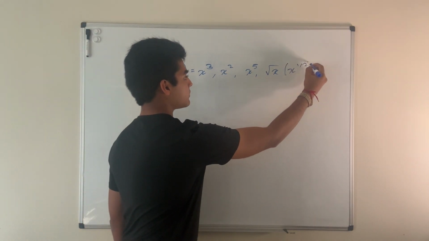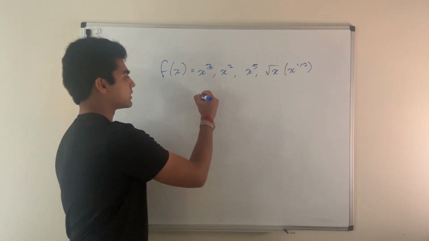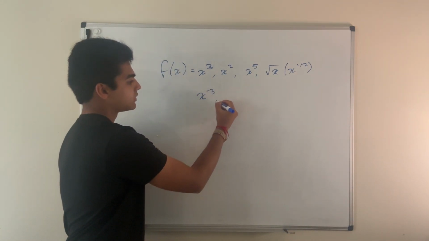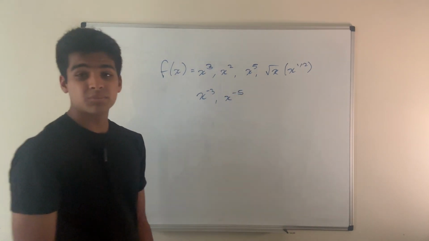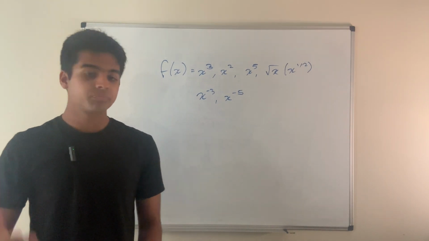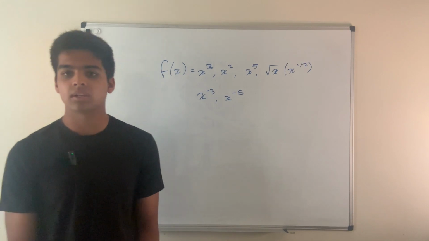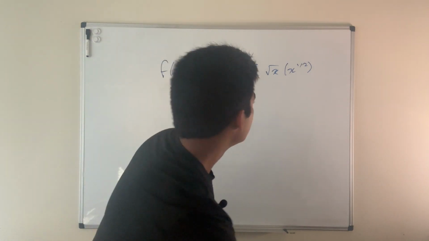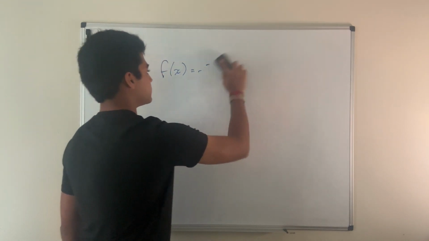And even negative exponents too. So you can have x to the -3, x to the -5. You can have decimals too in the exponent. Basically, x to any power is when you can use the power rule, which is again why it's called the power rule.